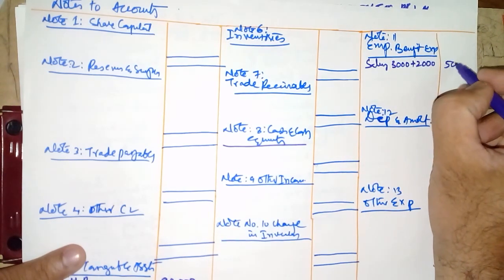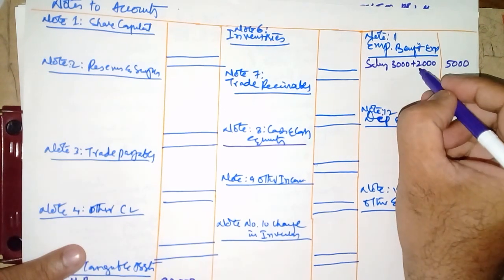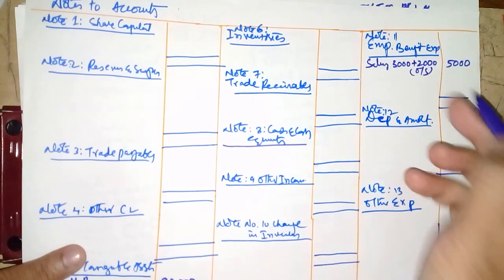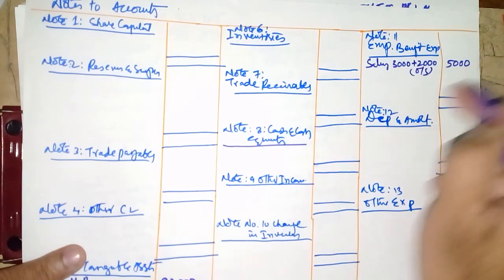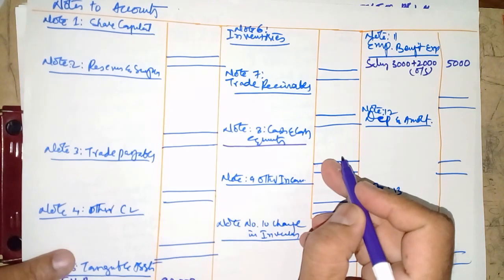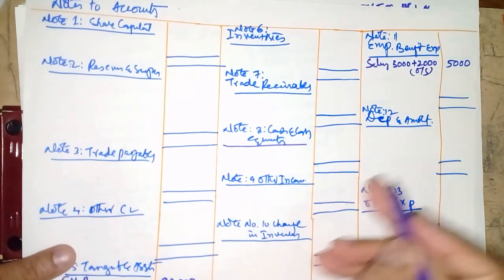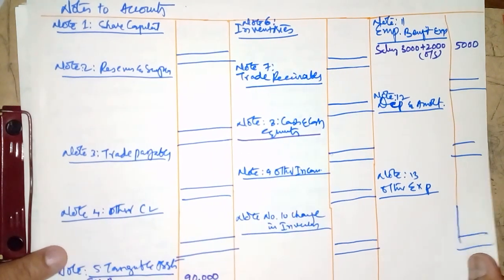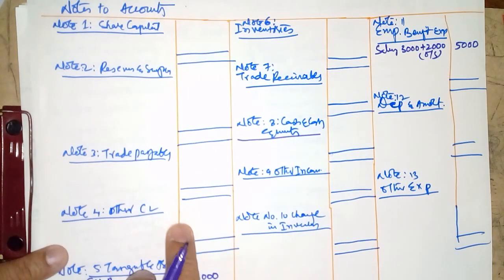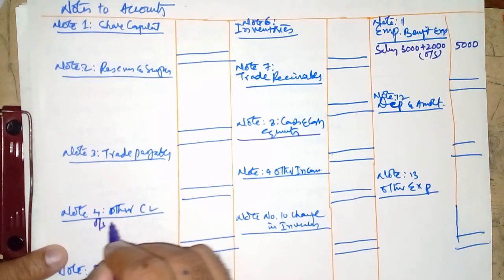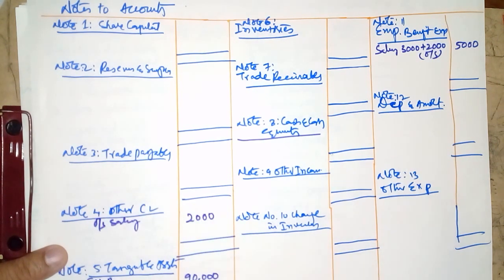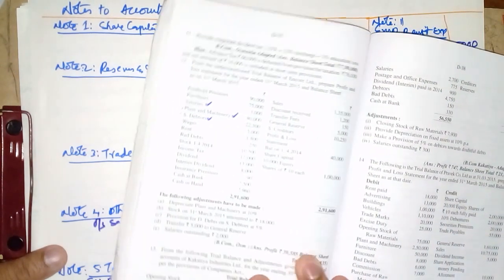So collectively it will be written 5,000. This 2,000 is outstanding, right? We have added. Due to the paucity of place, I am using horizontally, not vertically, so you can understand. This outstanding expense should be recorded as a liability. Under which liability? Under other current liabilities. So outstanding salary, that is 2,000. Clear? So this item is done. So we'll come to the next item.